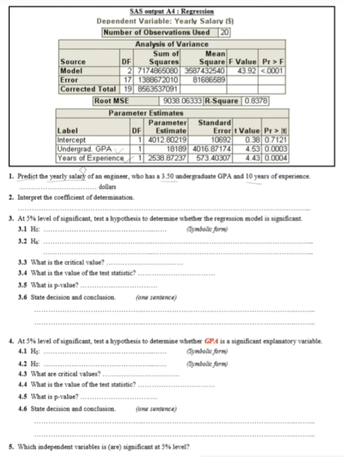So A plus B1 times 3.5 plus B2 times 10 is equal to.